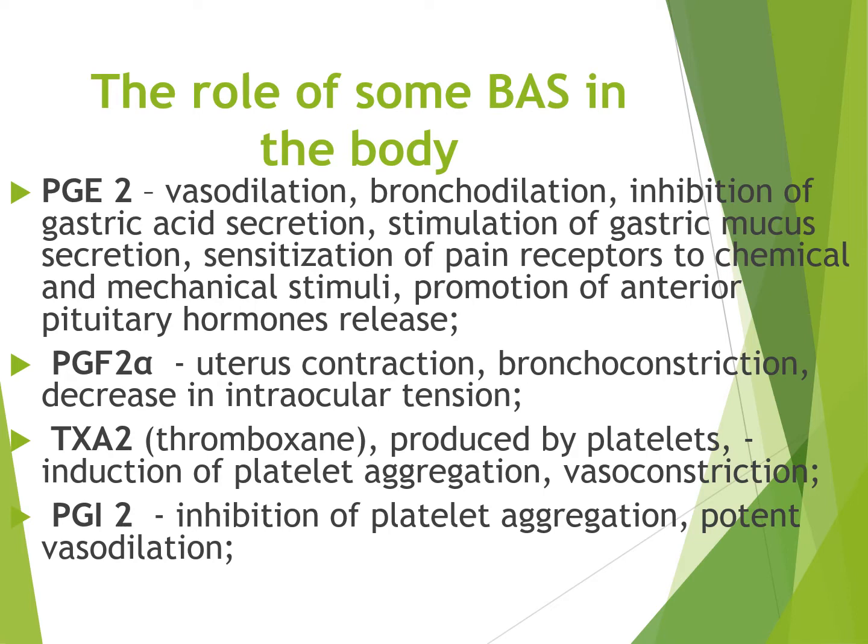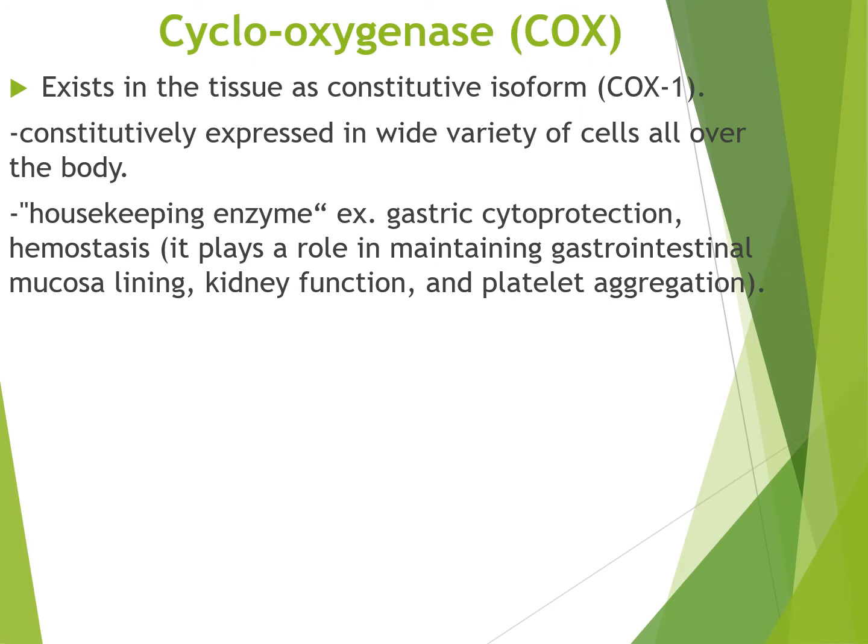And you know that the main enzyme inhibited by the main group of anti-inflammatory drugs, the non-steroidal ones, is cyclooxygenase. We have to discuss the role and types of this enzyme. Cyclooxygenase exists in the tissue as a constitutive isoform.